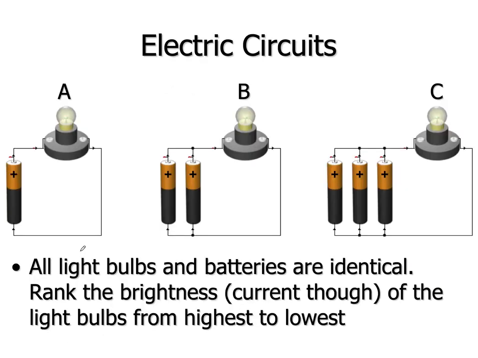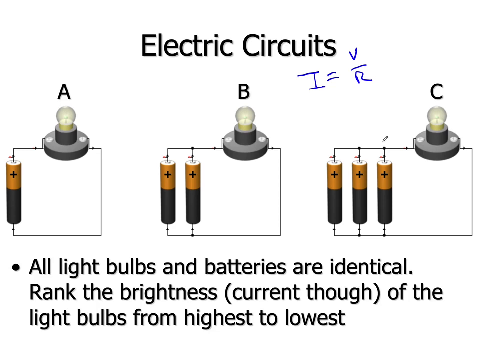So take a quick look at these circuits. In which of these circuits is the light bulb brightest? And you might say, whoa, wait a second. Brightness of the bulb is directly related to current, which is just going to be V over R. Now remember what we talked about with batteries in series and parallel. In which of these cases is the light bulb going to be brightest?